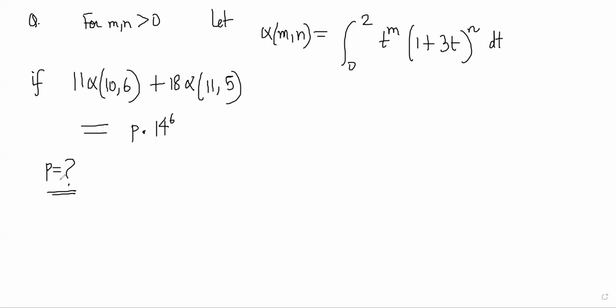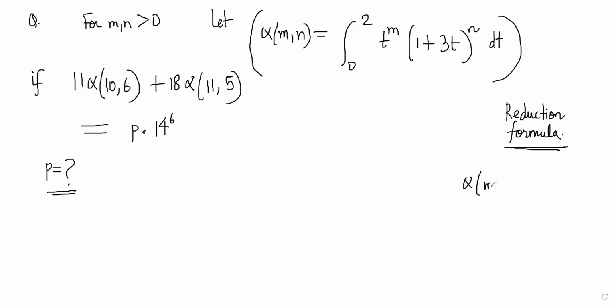Okay. So this is from the concept of reduction formula. Reduction formula, generally what it means is you have some big integral like this. You want to connect the alpha m,n to some other integral, maybe alpha m minus 1, n minus 1, something like that, right?